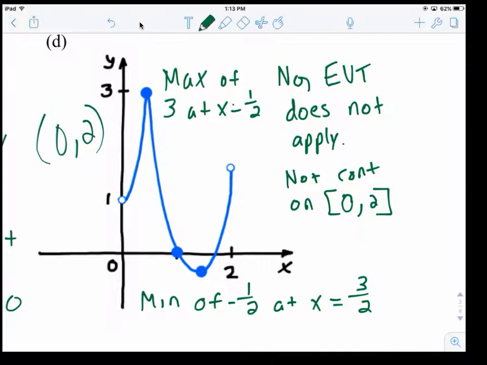She's saying, what if the question was different and they were asking you for the open interval instead? Would the EVT still apply? I'm not positive, but I don't think so.